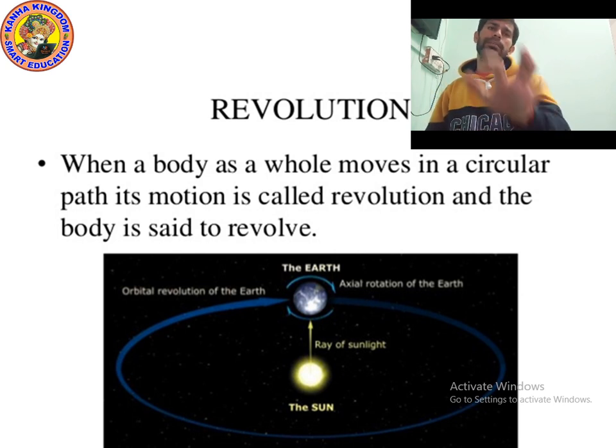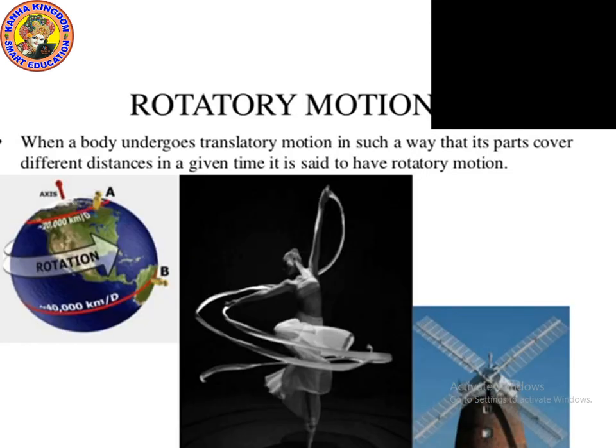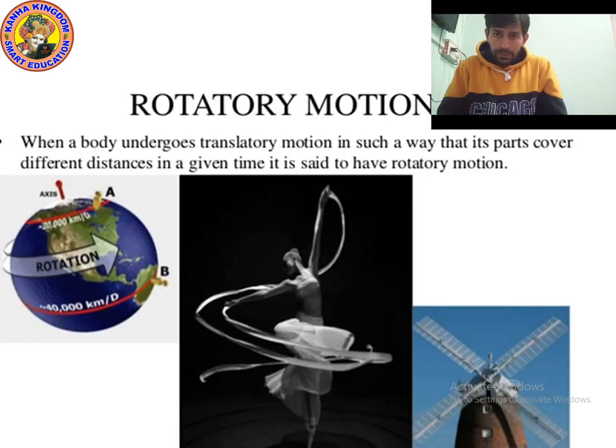Now kids, let's talk about the second type of circular motion. Rotatory motion. What is rotatory motion? Check out the spelling, ROTATORY. As you know, which motion is done by earth?